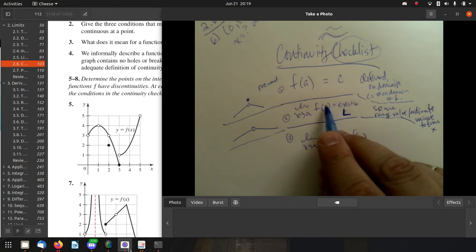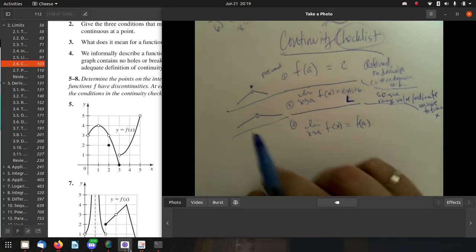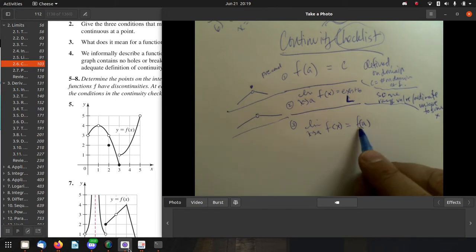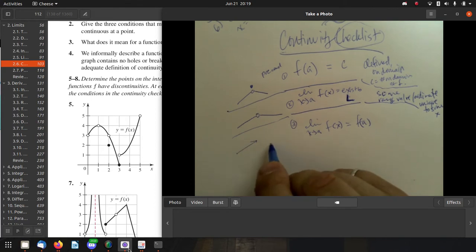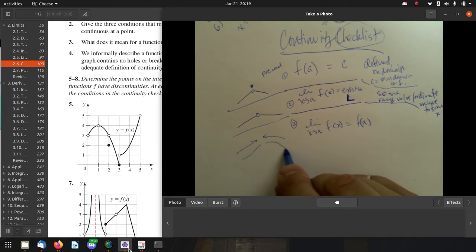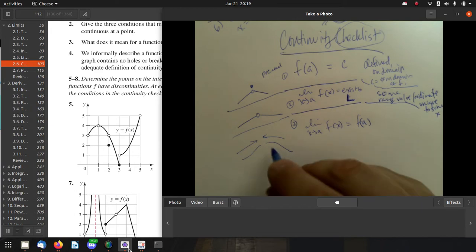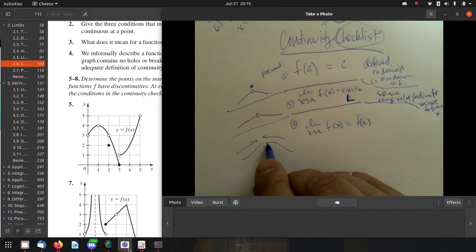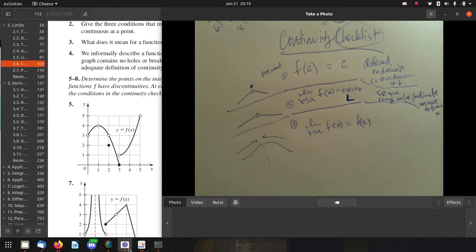So this part is saying that what you get this way along the function is the same as what you get that way along the function, and it's the same as what you get at the x value right here, meaning it can't help but be the exact same thing, and therefore it is continuous.